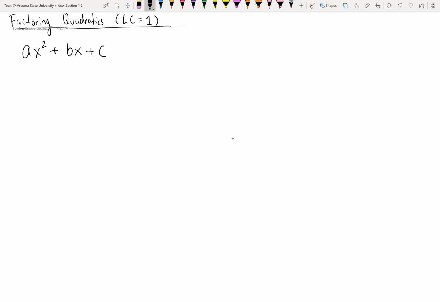This is an example of a quadratic trinomial, a three-term polynomial, and breaking it apart into the product of two linear factors, x plus or minus a number times x plus or minus another number, right? So basically changing a sum of terms into a product of factors.